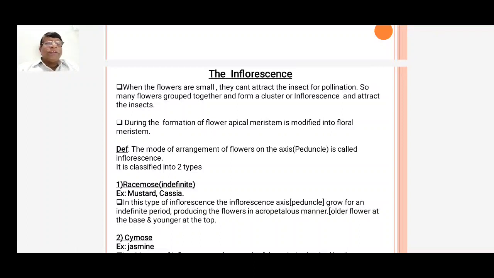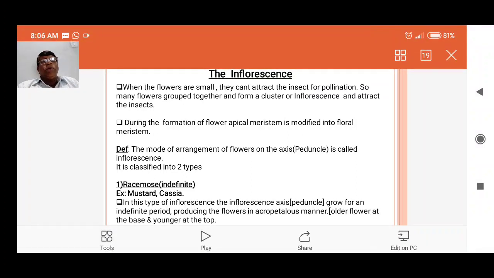For example, simple raceme, panicle, spike, catkin, corymb, umbel, spadix, head or capitulum, etc. They are the types. Okay.